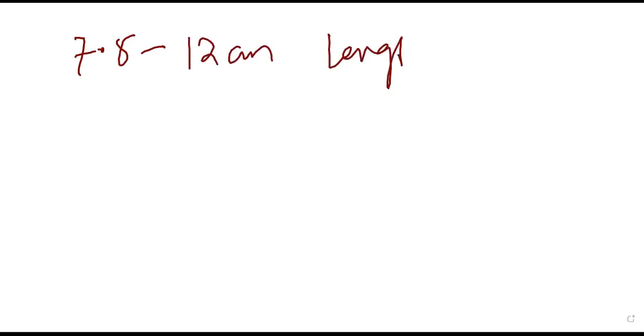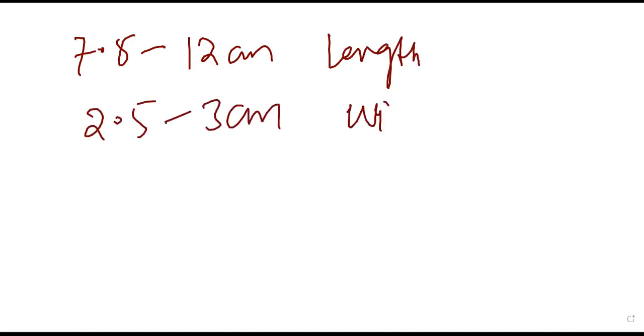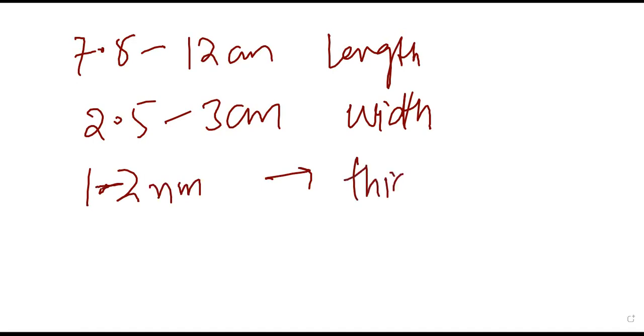The gallbladder is about 7.5 to 12 centimeters in length, and it's about 2.5 to 3 centimeters in width, and about 1.1 to 2 millimeters in thickness.